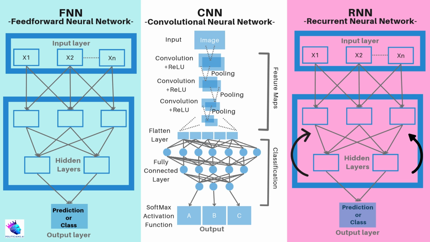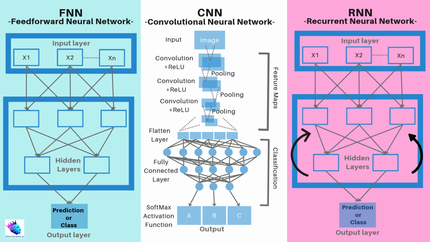After several rounds of convolution and pooling, we move to the flatten layer. This layer takes the 2D feature maps created by the previous layers and transforms them into a 1D vector. Think of it as unrolling a folded piece of paper. Now the network can process all the features as a single list. This step is essential because the next stage is the fully connected layer, which functions similarly to the FNN we discussed earlier.